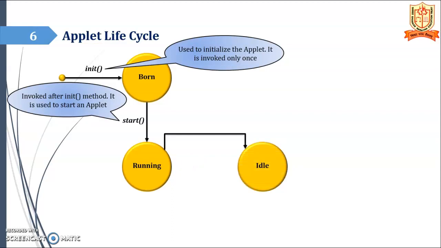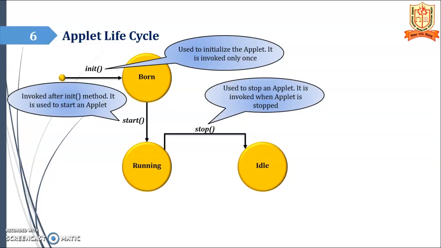After the running state, it can go to the idle state, which can be reached using the stop method. It is used to stop, or you can say pause, the applet. Once in an idle state, again you have to call the start method to start the execution of an applet. So when your applet is active, it is in a running state. When it is inactive, it is in an idle state.